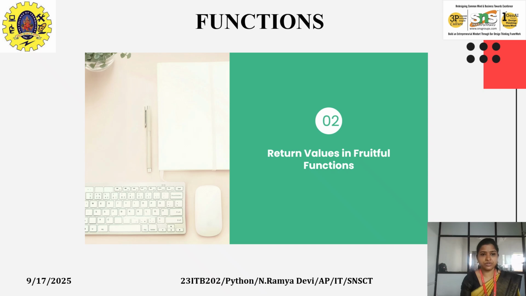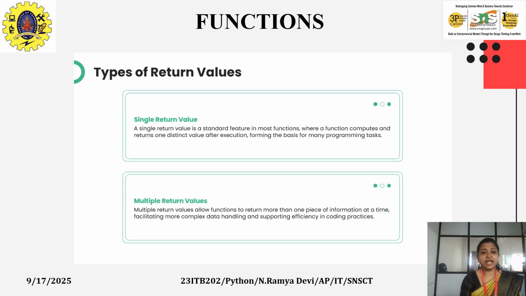Now we are going to see the return values in fruitful functions. We have two types of return values: one is a single return value, the other is multiple return values. A single return value is a standard feature in most functions, where a function computes something and returns one distinct value after execution, which forms the basis for many programming tasks.